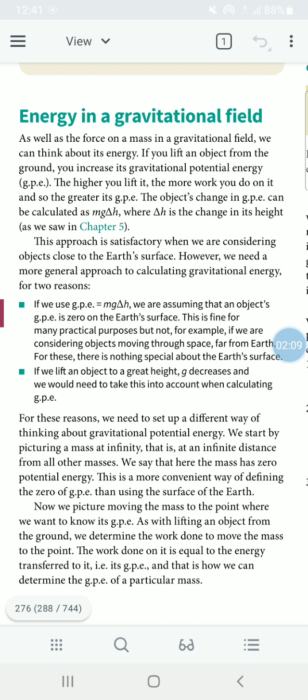So as a result, GPE will change, because g is not going to be 9.81, it is going to be less. So we have to take that also into consideration. Let's see how they have presented it.